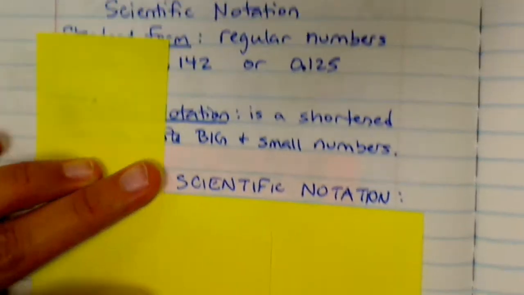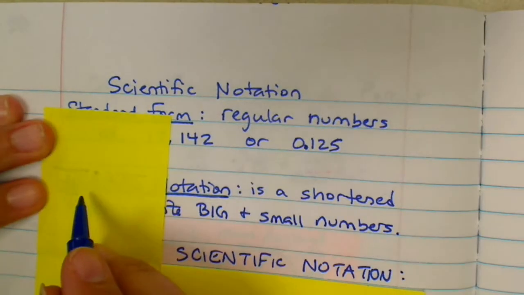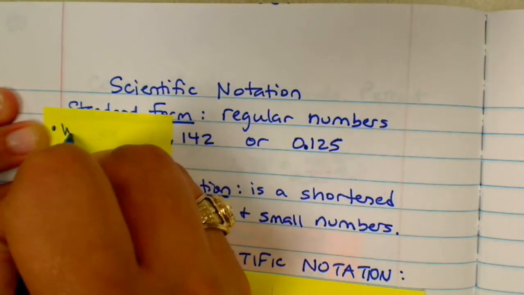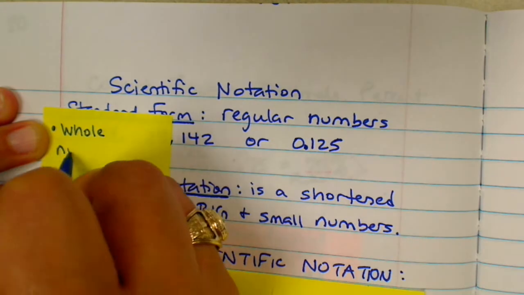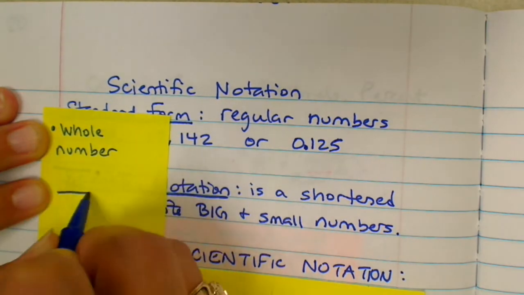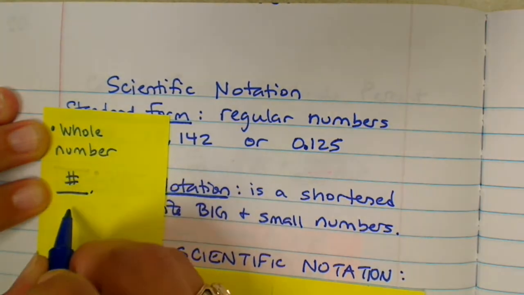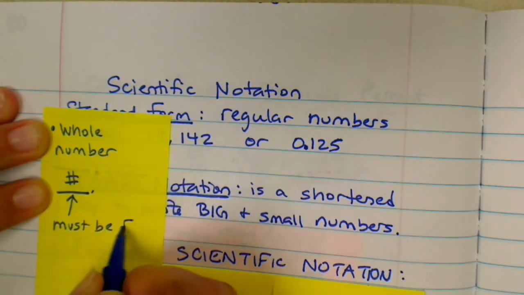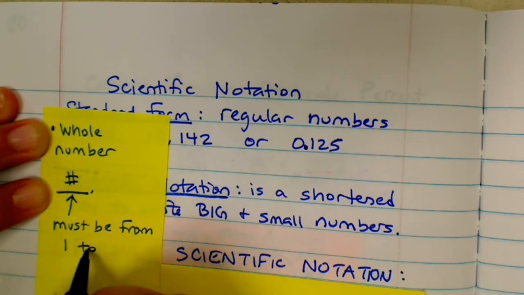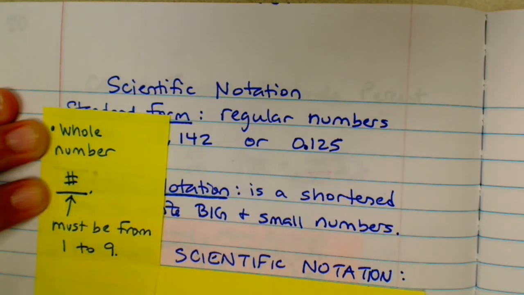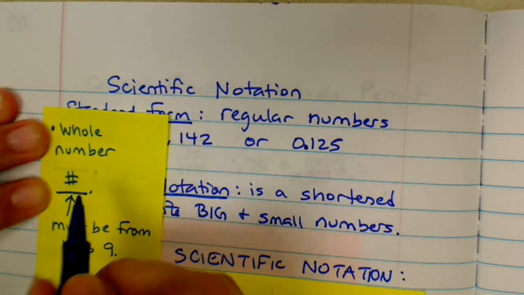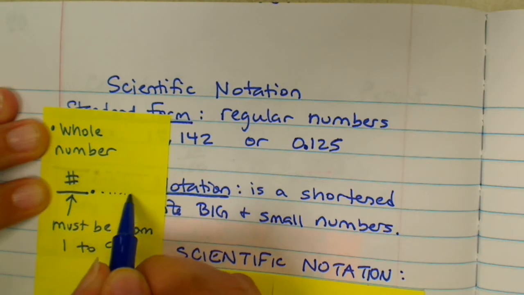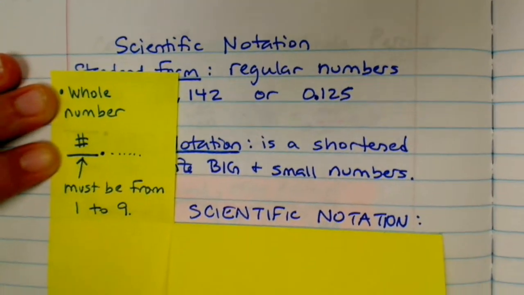Go ahead and open up the flap. This number represents a whole number. And this number must be from 1 to 9. So it's only one digit, okay? So you have a number and then a decimal, and you can have as many numbers after.